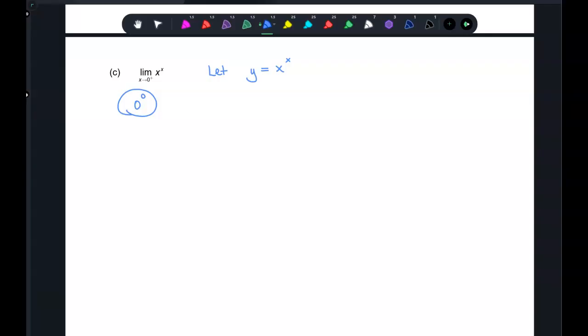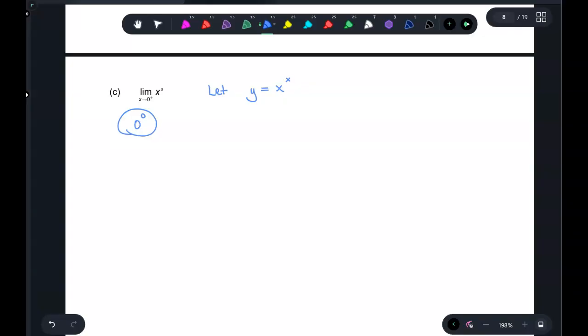What you have to remember is that 0 to the 0 is considered an indeterminate form. Any real number to the 0 power is going to give us 1. But these are not real numbers. This is the behavior of the graph as we approach 0 from the right. Do we think it's going to be 1?